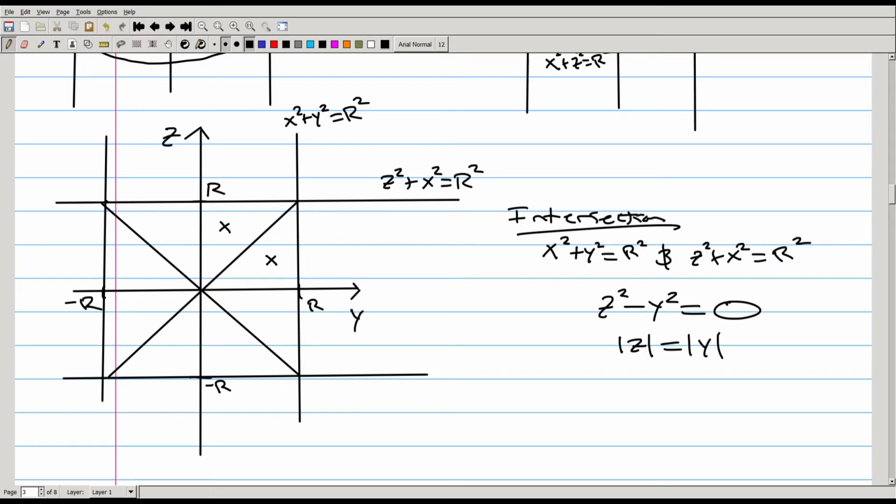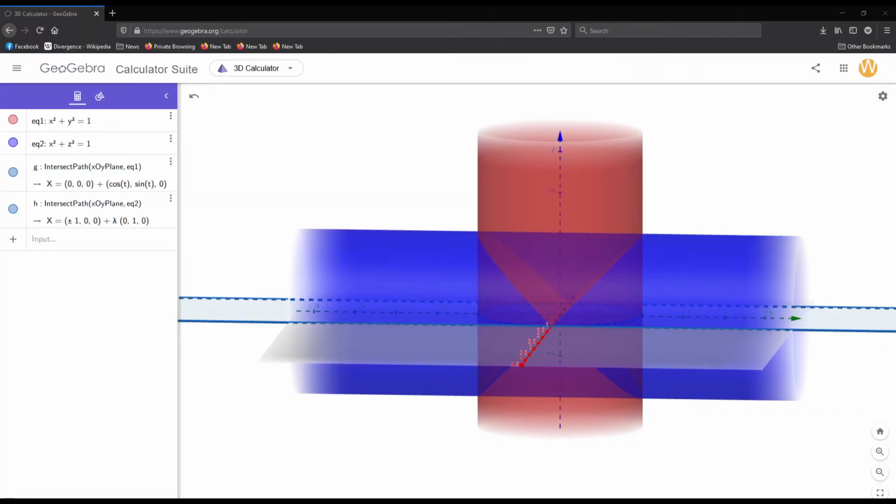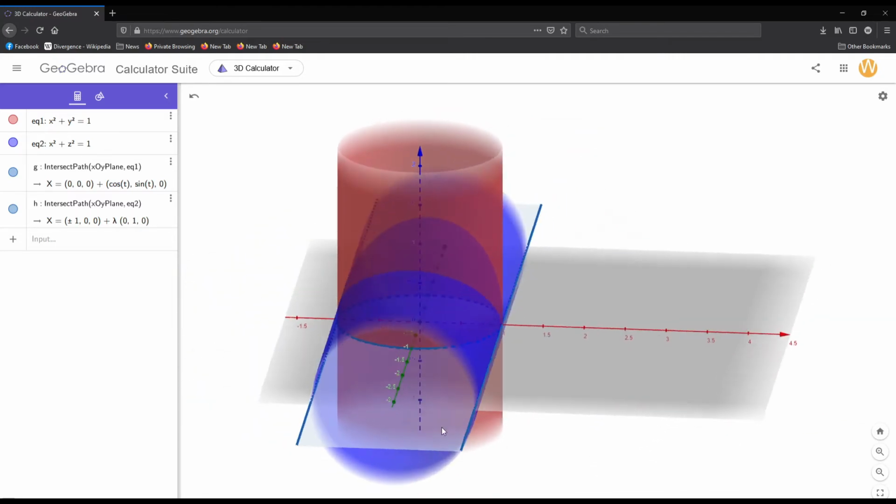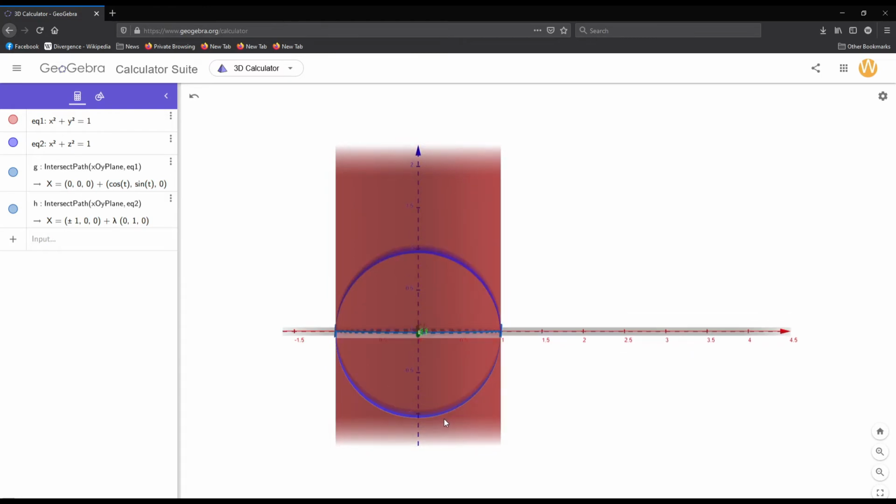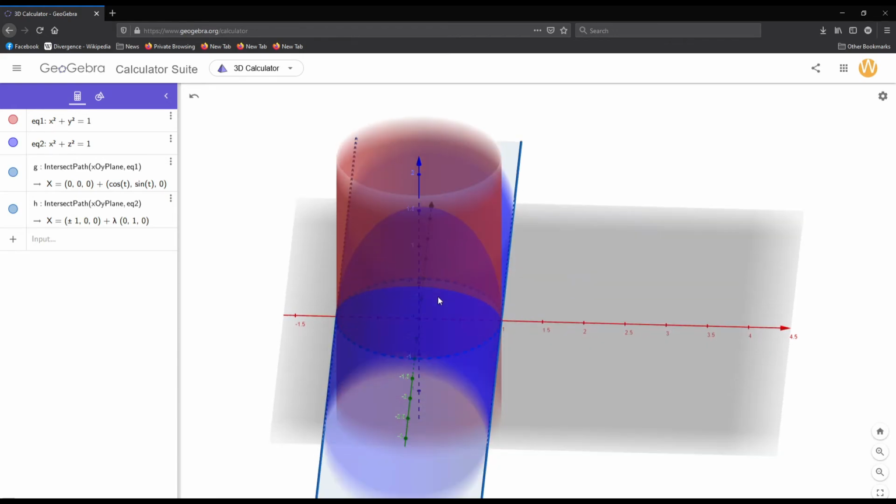So what I'm going to do is just open up my GeoGebra 3D window for a second, and we'll take a look exactly at this right here. So this is a plot of the two intersecting cylinders, and we see that along the ZX axis our cross section is accurate. So along the ZX plane, or along the Y axis, you have this circle here and the two straight lines going up and down.